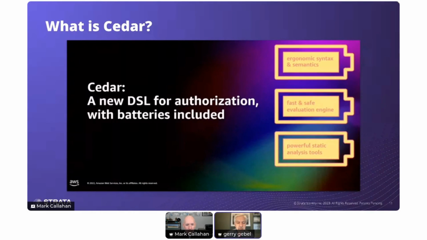Right. Well, the other way to think about this is how does Cedar compare to other products that we mentioned? OPA, Open Policy Agent, has its policy language called Rego. And the XACML standard has a policy language in there. So you might be wondering, why does Cedar exist? Why did Amazon build Cedar anew?